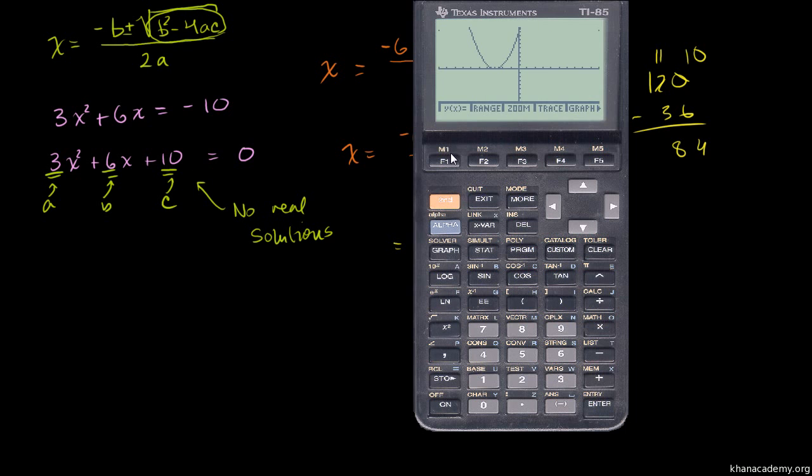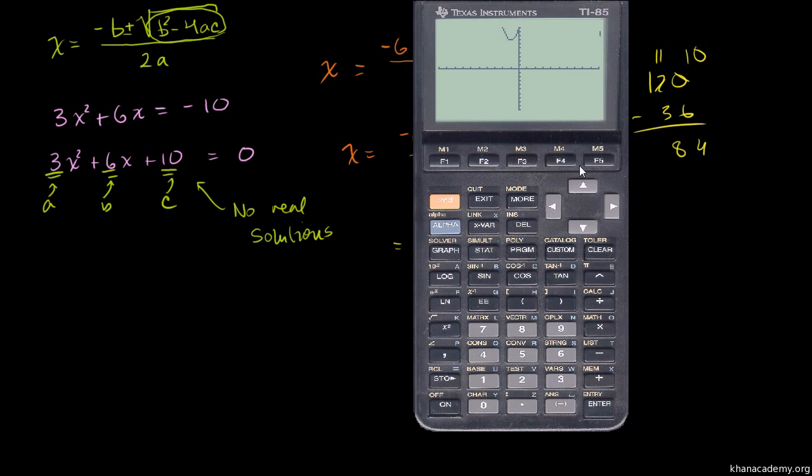So let's get the graph. The y is equal to, that's what I had there before. Let me clear this right here. So I get 3x squared plus 6x plus 10. So that's the equation. We're going to see where it intersects the x-axis. Where does it equal 0? So let me graph it.